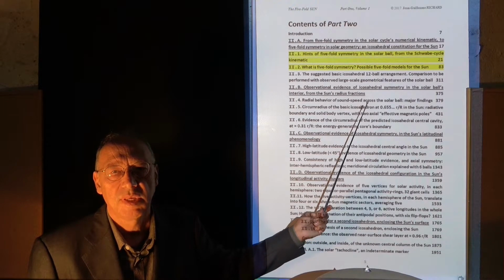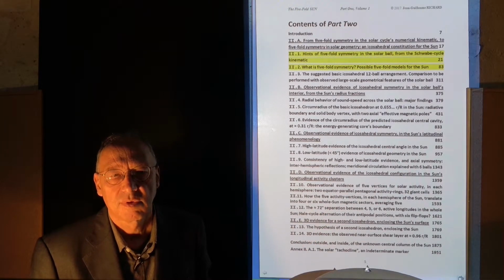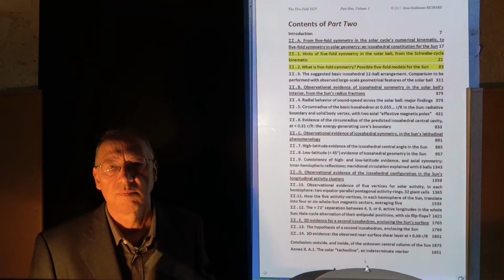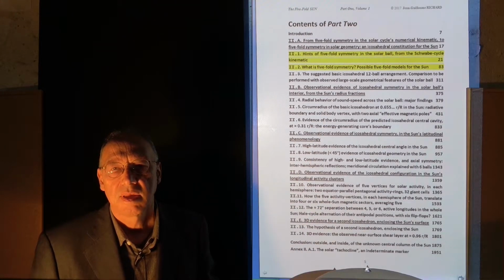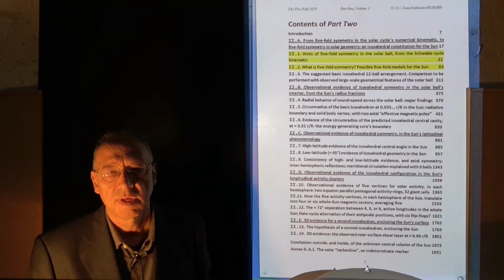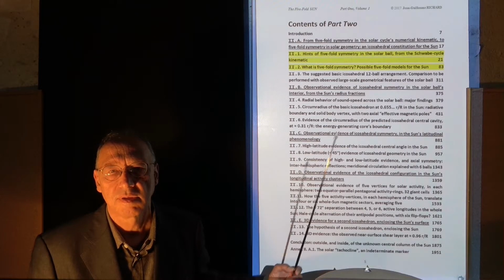And in part B, we look at possible observational evidence of such symmetry as proposed above in the solar ball's interior, in terms of radial fractions of the solar interior.